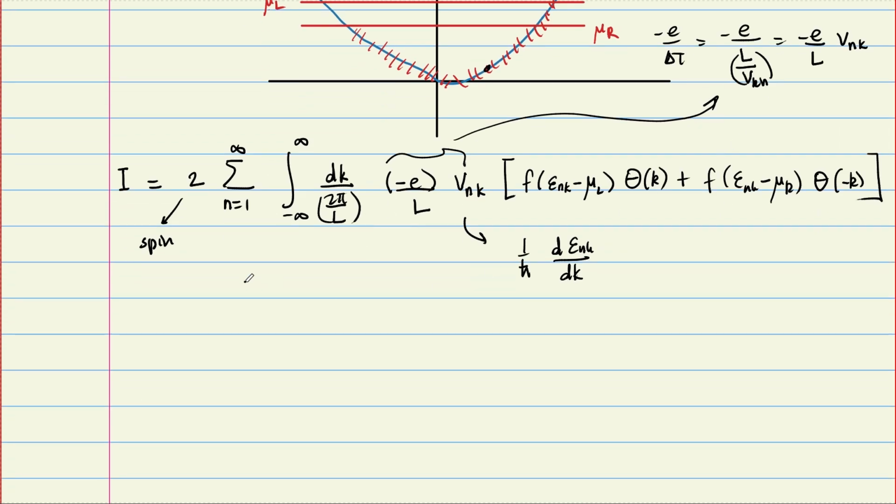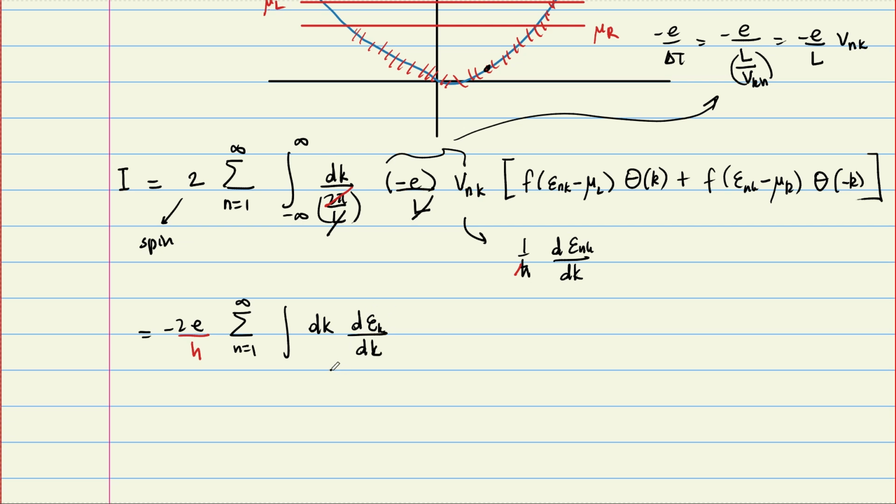And I can also convert this integral. Okay, let me write first. So this is going to be minus 2e, so I can cancel this L with the L, and cancel this 2 pi with the h bar. So this is 2e over h, and I'm going to write this as d epsilon k dk.